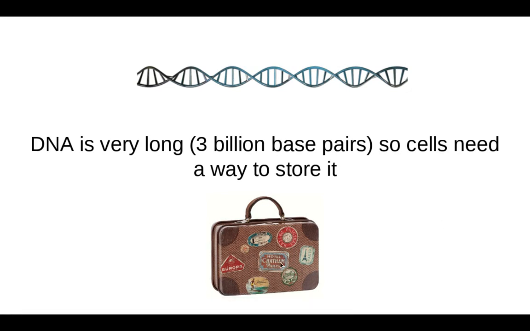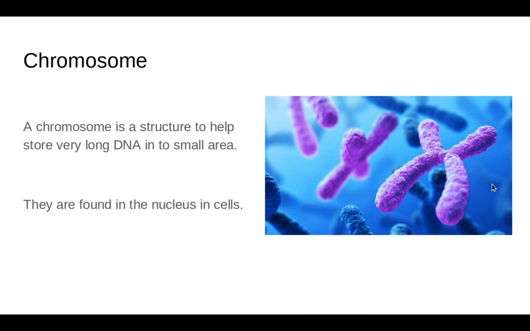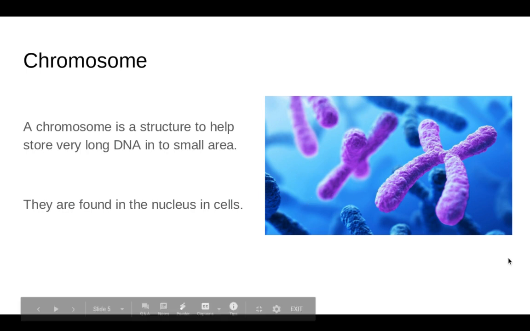The body has a special suitcase for DNA, and we call that a chromosome. And it's kind of this shape here. Can you see it's kind of like an X shape? So a chromosome is a structure to help store very long DNA into a small area. And chromosomes are found in the nucleus of the cell. So inside your cell, in the nucleus, is where the chromosomes are.